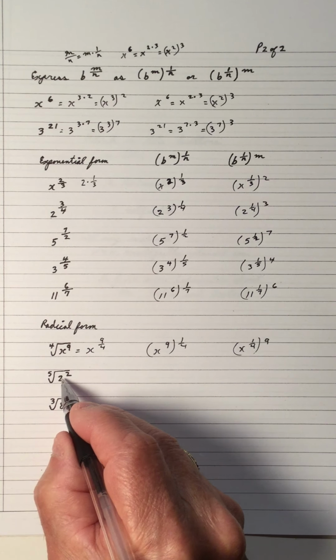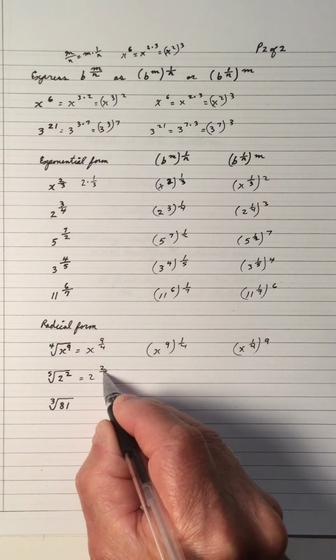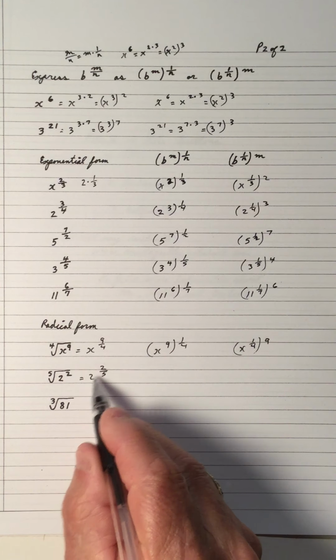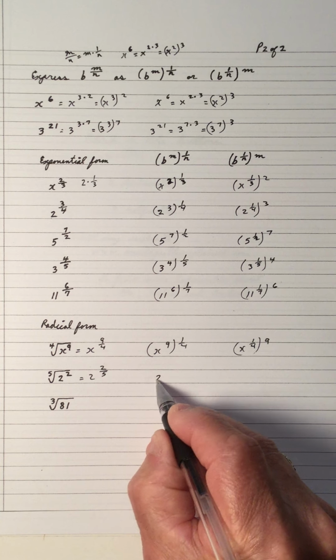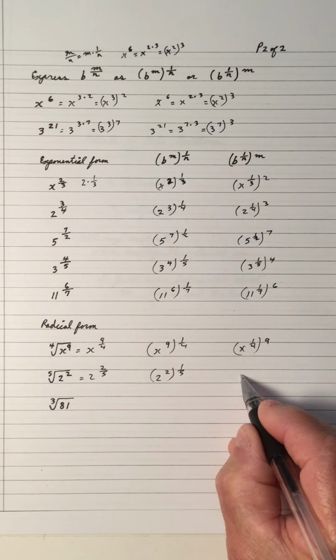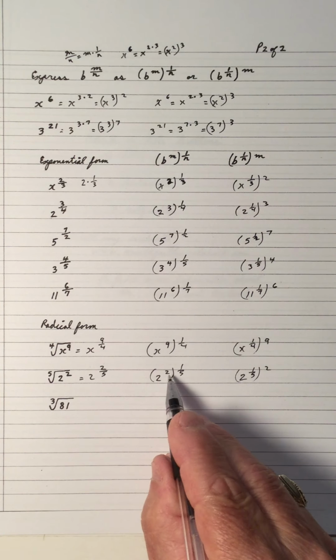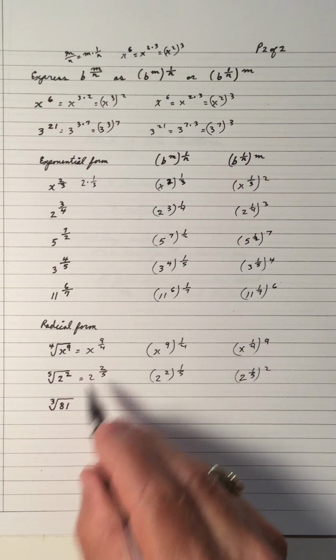And the fifth root of 2 squared is 2 to the 2 over 5. Again, the root goes to the denominator, 2/5. And so that becomes 2 squared to the 1/5, or you can have 2 to the 1/5 squared. So 2 times 1/5 is 2/5. 1/5 times 2 is 2/5.